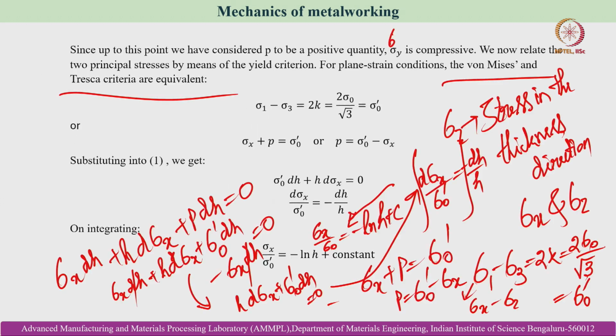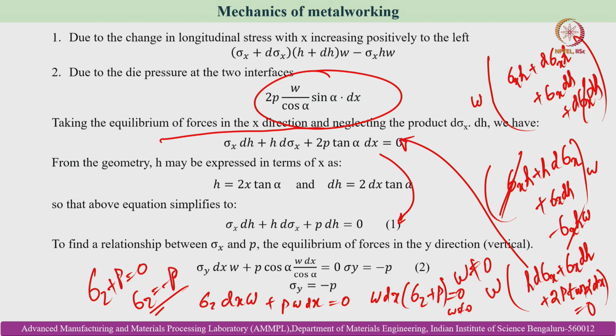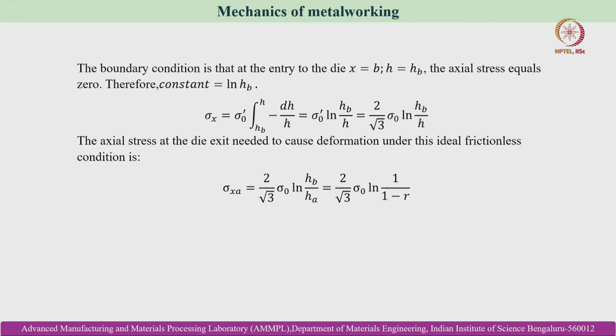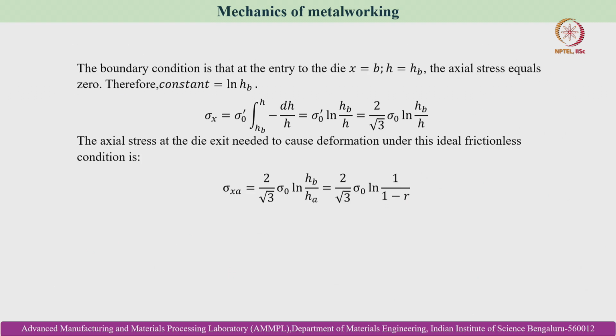Going back to the free body diagram, you can see h is equal to h b at x is equal to b. Then the axial stress equals 0. Therefore, if we put the value of axial stress sigma x as 0, then we get that the constant is equal to ln h b.